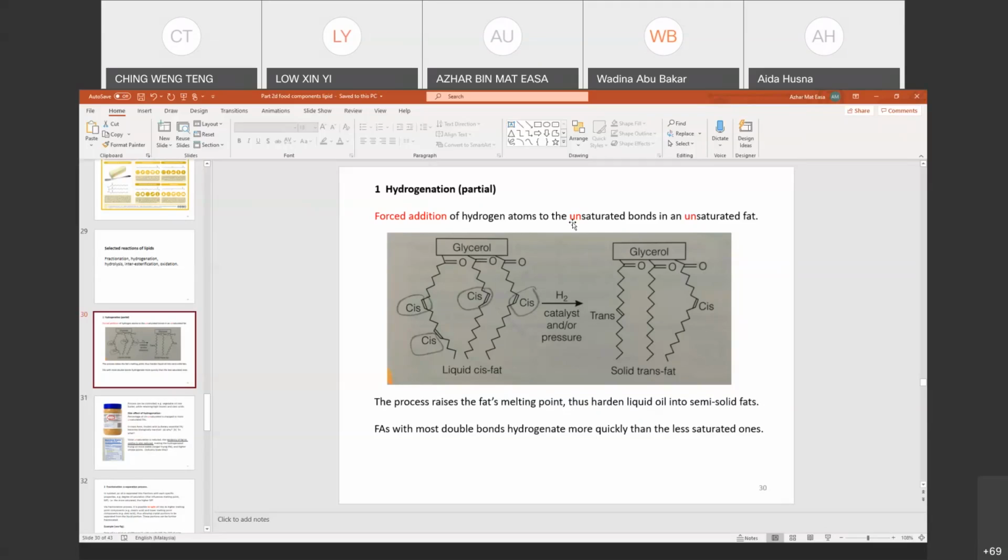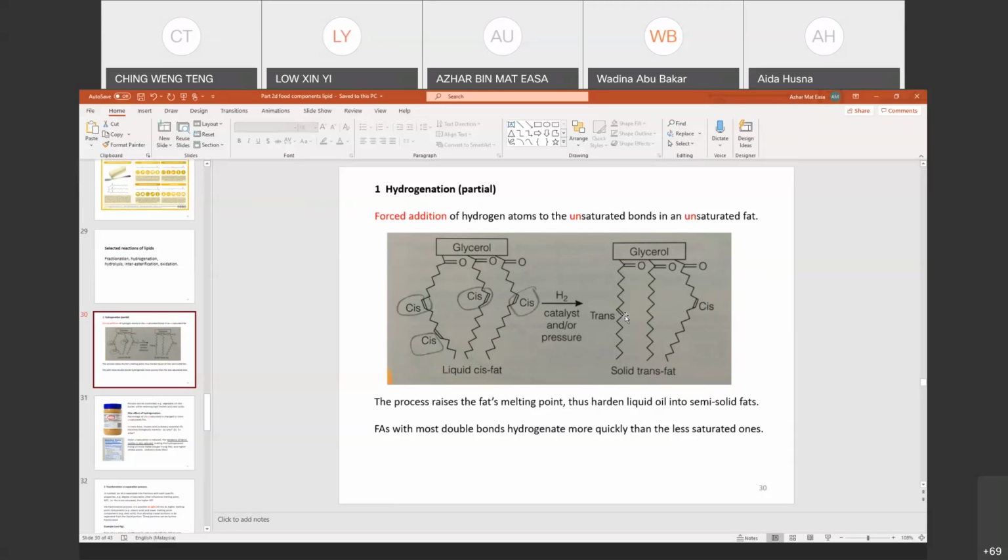See, a lot of cis there, 4 cis. Now only 1 cis remaining, the rest become trans. So you change from liquid to solid, meaning you raise the fat's melting point by hydrogenation. This makes the liquid harden into semi-solid fats.